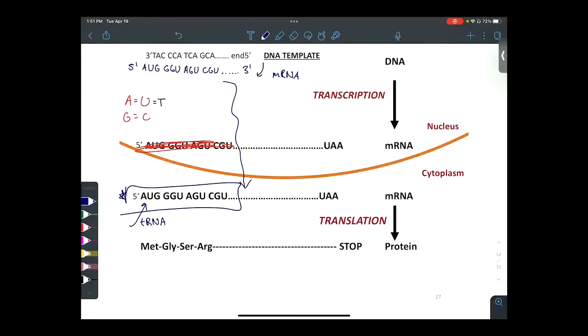If I give you this instead, you can't plug it straight into the genetic code, because it's the wrong way. It's 3' to 5'. So the first step, if I give you the DNA template, is to make the corresponding mRNA strand, then read the code. Does that answer your question? Yes. So if I give you this, you can't go straight there.